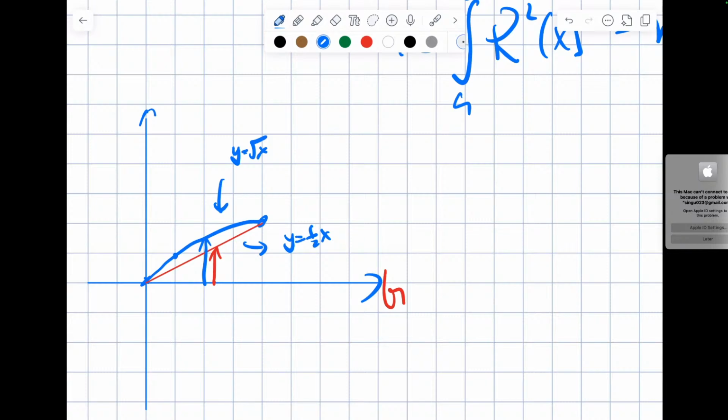Everything from 0 to 4. That's the hardest. Yeah, I'll make it easier for you. I'm going to use 0 to 2.